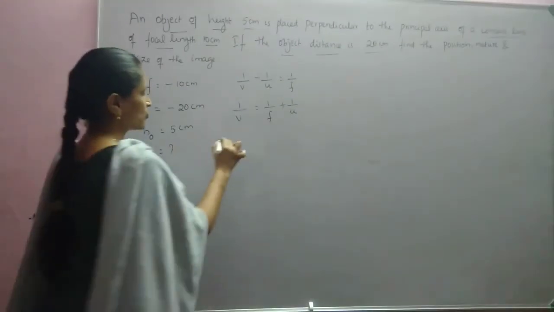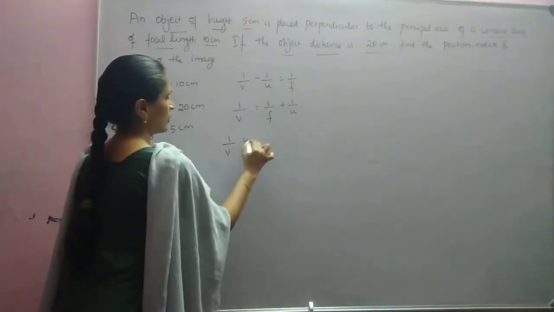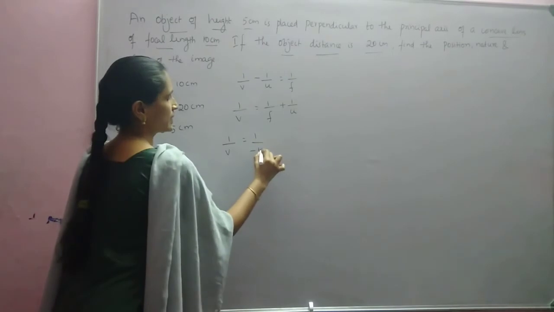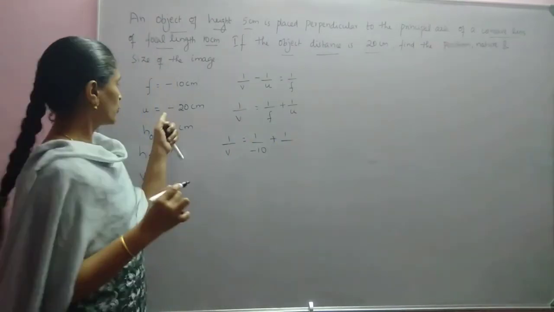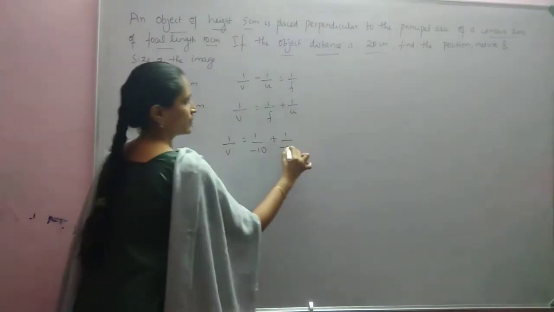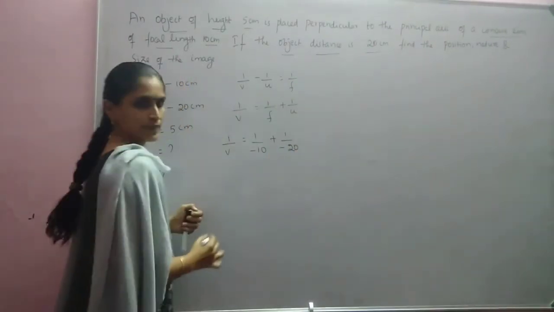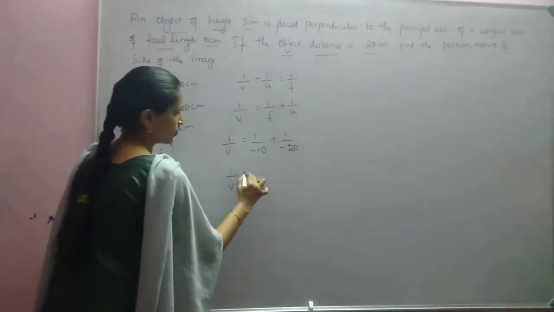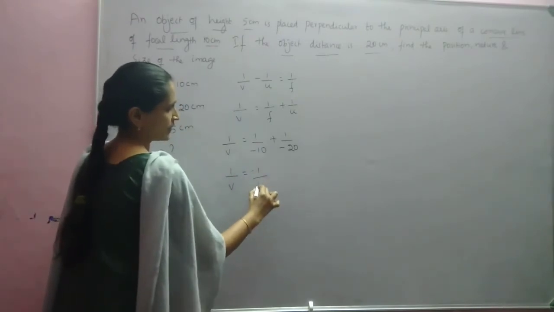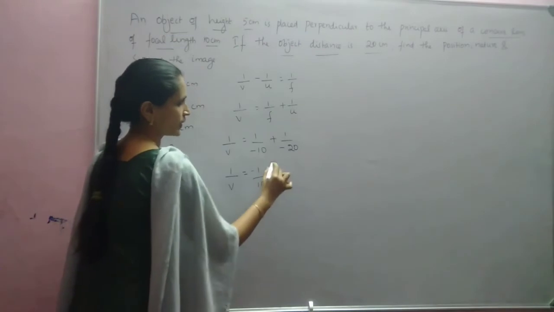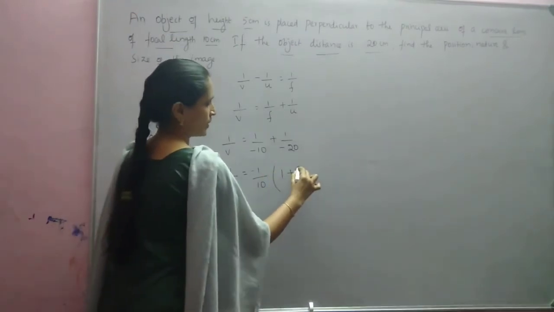Now we can substitute whichever data is given. Focal length is given as minus 10, and U is given as minus 20. So 1 by V is equal to minus 1 by 10 plus minus 1 by 20. We can take common, so what we will get? 1 plus 1 by 2.